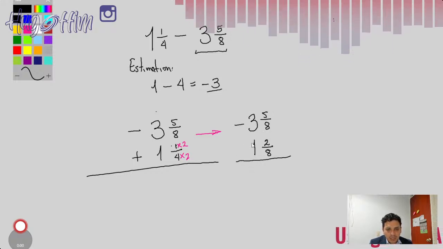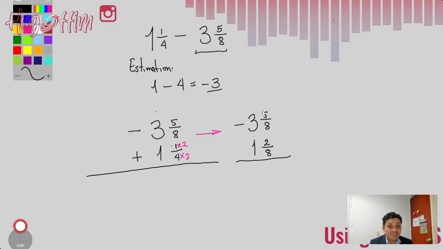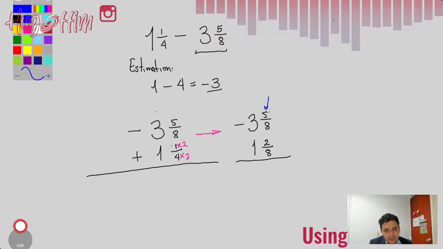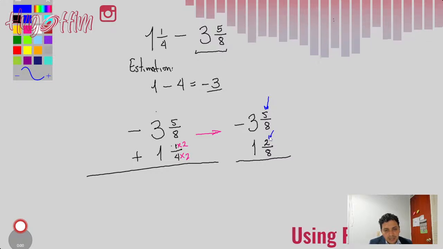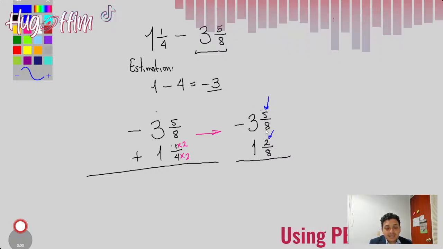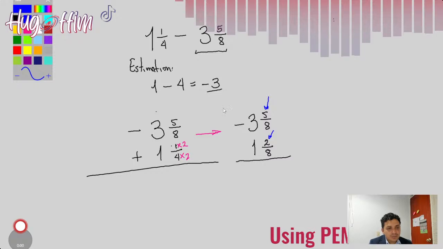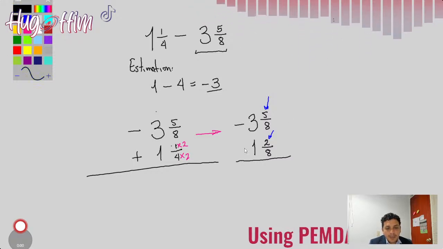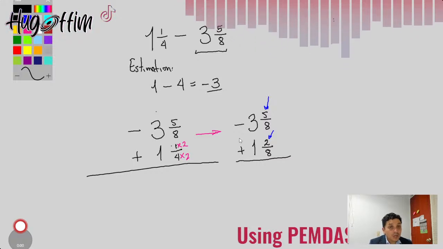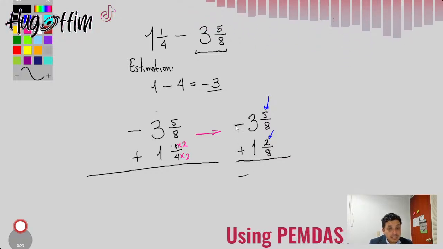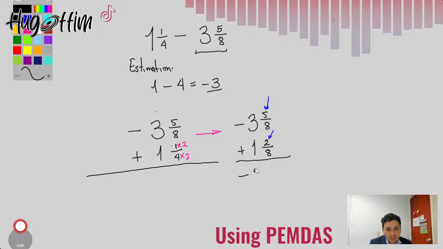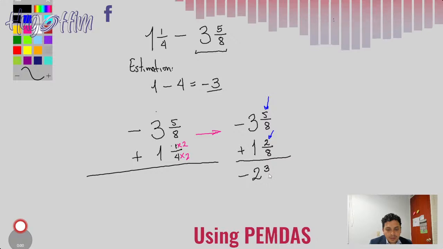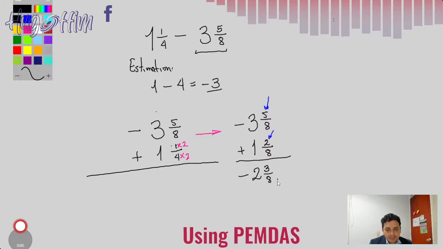Verify that the numerator in the upper part of the column is greater than the one below. In this case it is greater, 5 greater than 2. Remember that we're subtracting and keeping the negative sign. So 3 minus 1 is 2, but it's negative 2. 5 minus 2, 3. Okay?